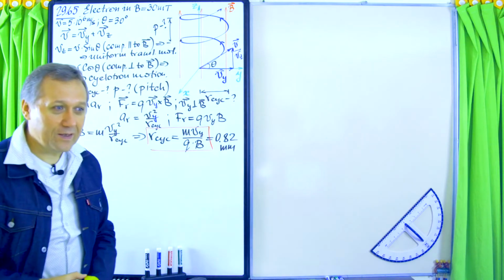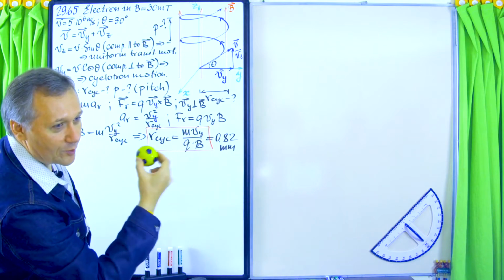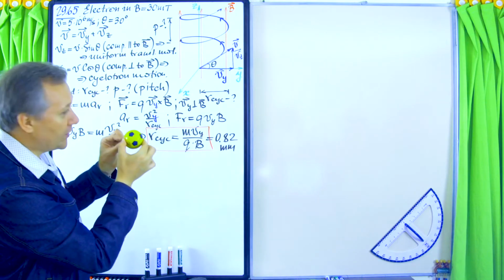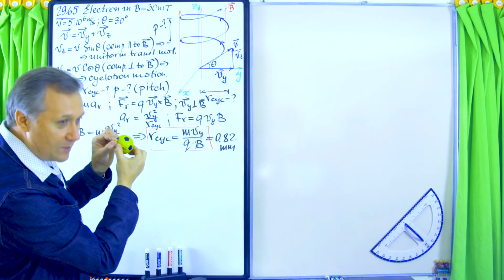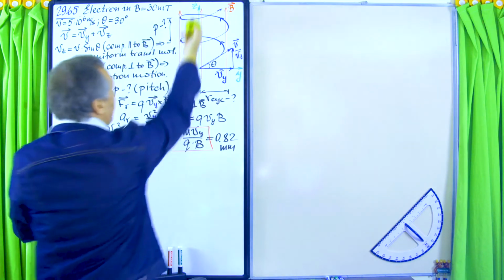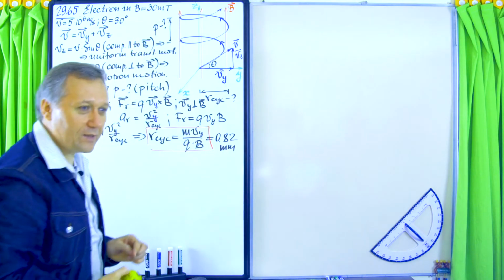It is equal to the period of the cyclotron motion. So it's the same time as it takes for a particle to complete a circle in the cyclotron motion. But at the same time, this particle moves in the z direction over this distance p, right?